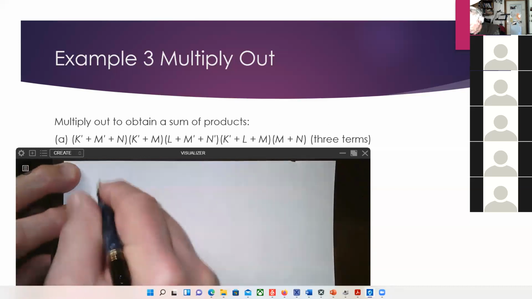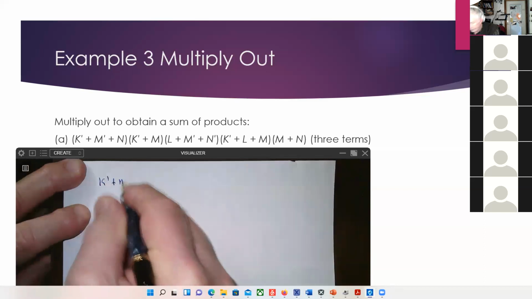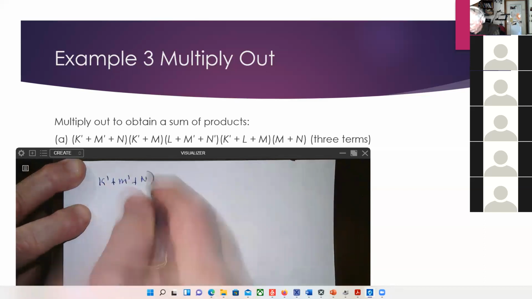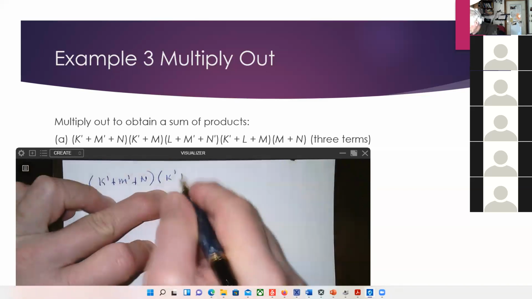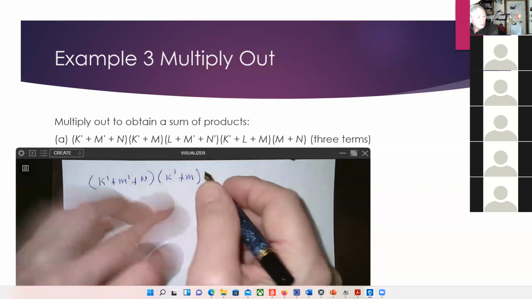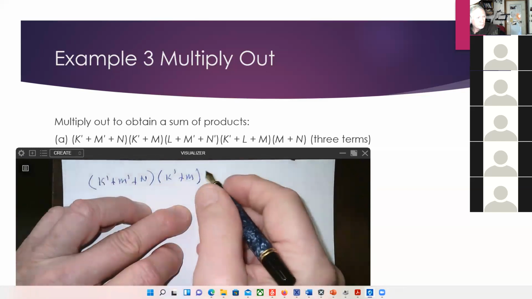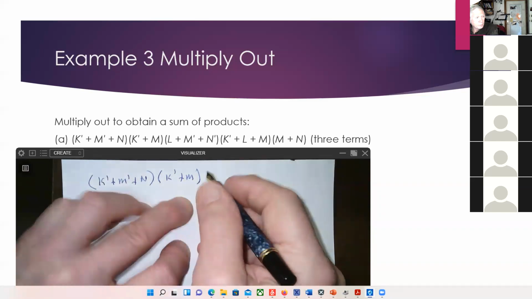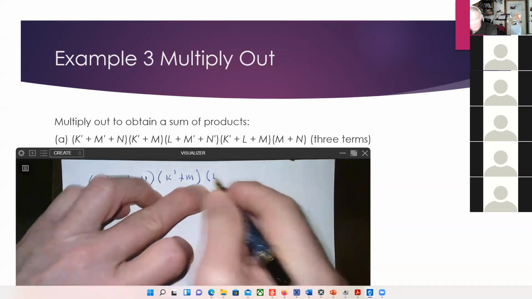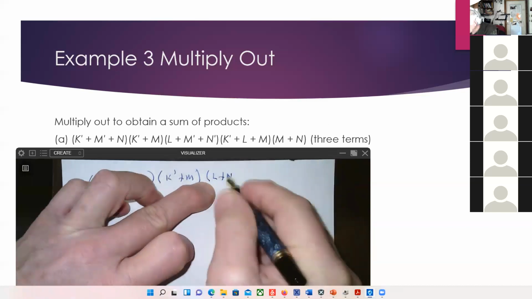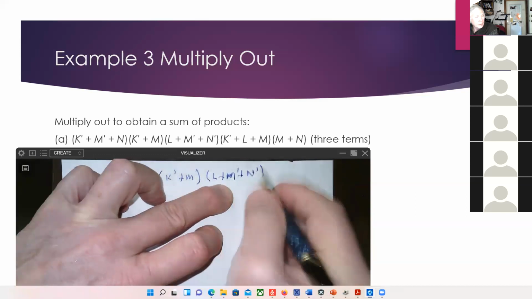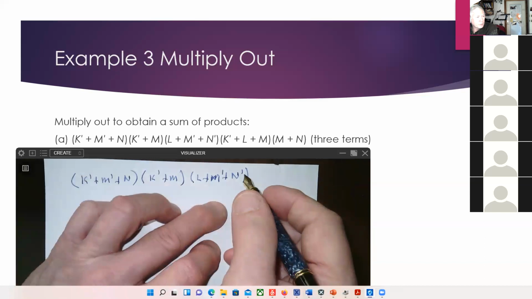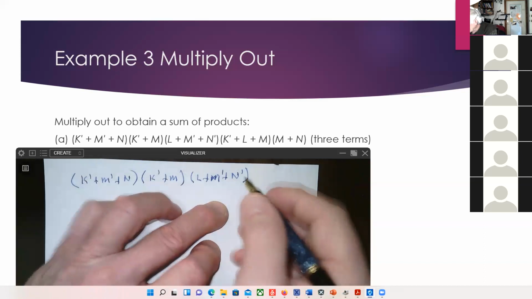So we have K prime plus M prime plus N quantity times K prime plus M, and then we have L plus M prime plus N prime, M prime plus N prime. And then we eliminated this term, the K prime plus L plus M, because of K prime plus M. So then we just have M plus N.